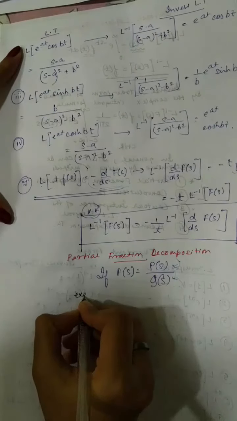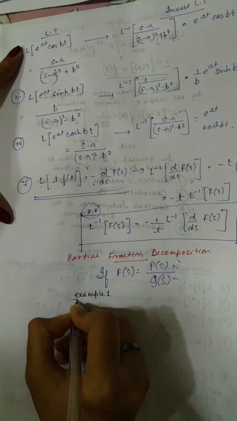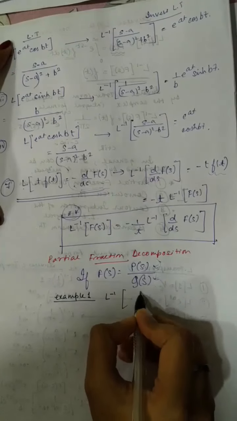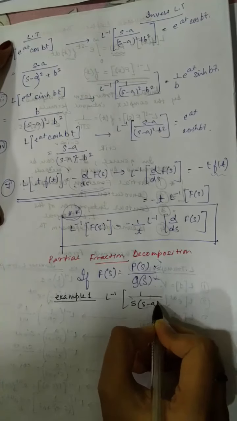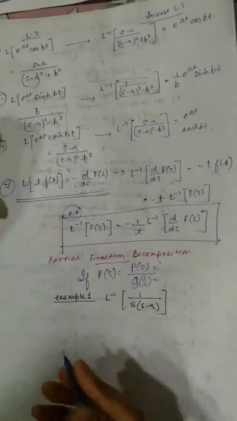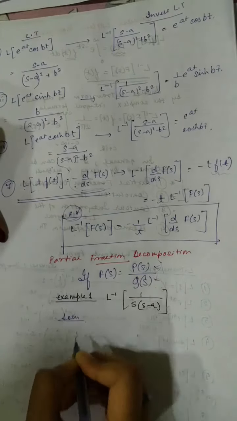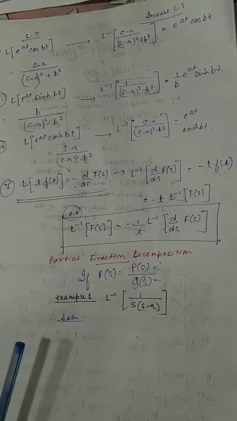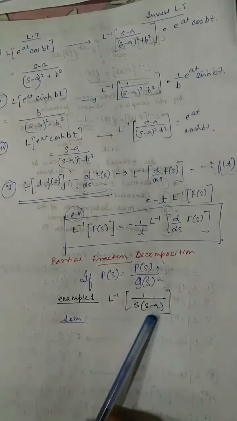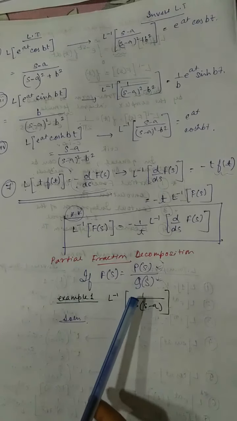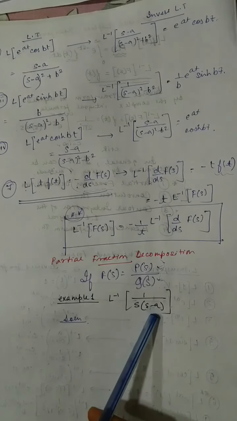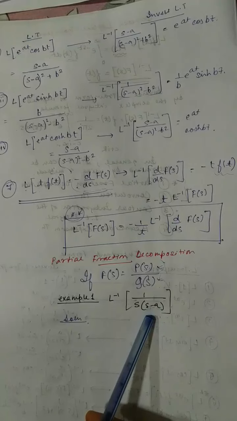So let's go for example 1. Find the inverse Laplace transform of 1 divided by s minus a, right? Like you can see from this function, we do not know the inverse Laplace of this whole function, but obviously we know the inverse Laplace of 1 by s, it is 1, and we know the inverse Laplace of 1 divided by s minus a, it is e to the power at, right?